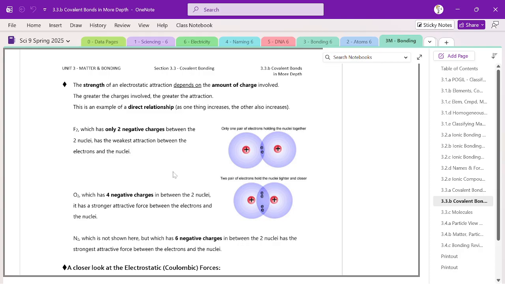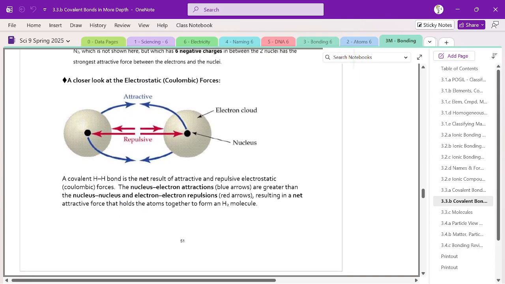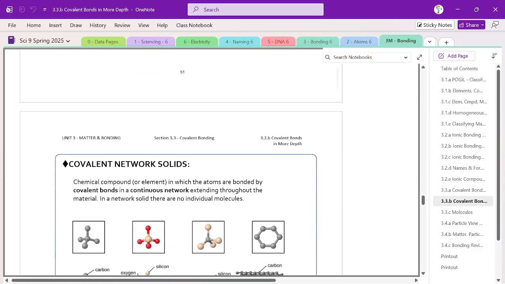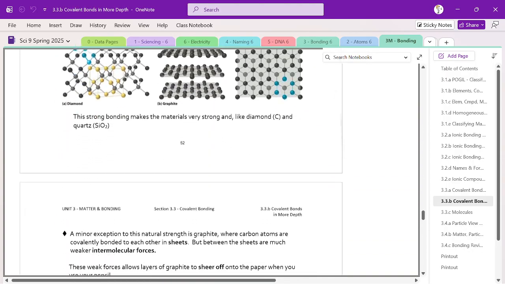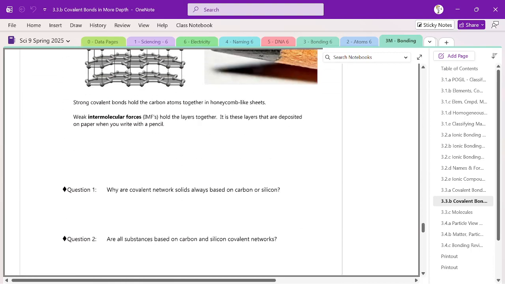Okay, friends, we are on page 52. Pages 52, 53, 54 are all enriched.